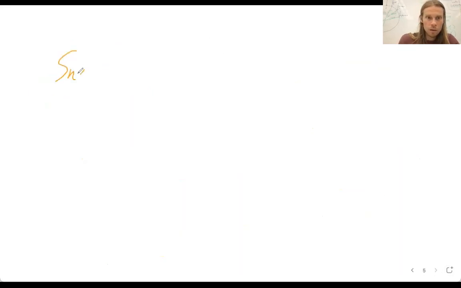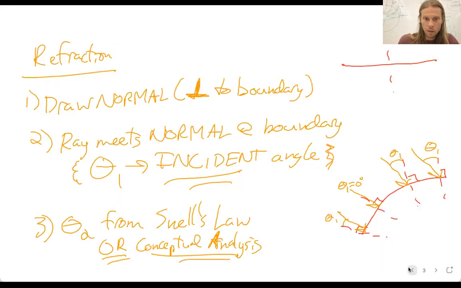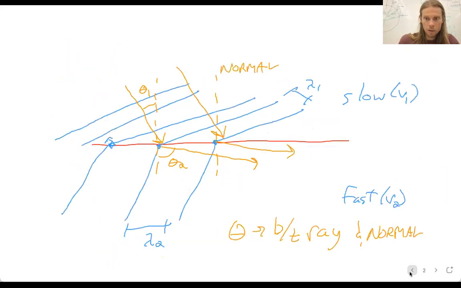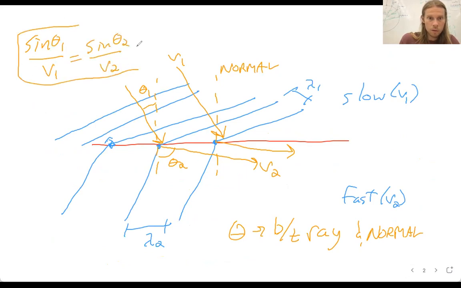Snell's law comes from this drawing here, where we have a velocity v1 and a velocity v2. We look at these two triangles here, and we get that the sine of theta 1 over v1 equals the sine of theta 2 over v2 in this drawing.